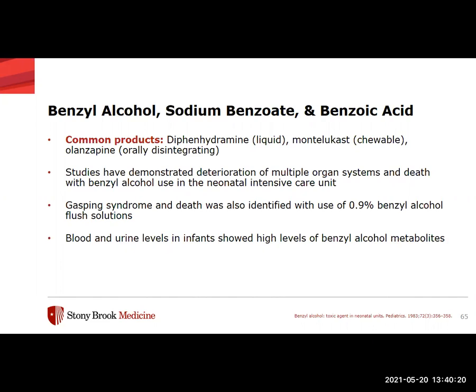Blood and urine samples of the affected infants showed high levels of benzyl alcohol metabolites, including benzoic acid and hippuric acids. Eventually, after solutions with benzyl alcohol preservative were banned in their nurseries, investigators stated that no additional cases of gasping syndrome or death occurred.